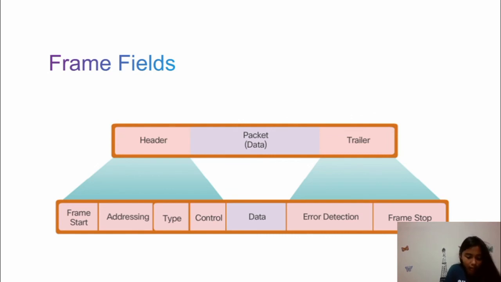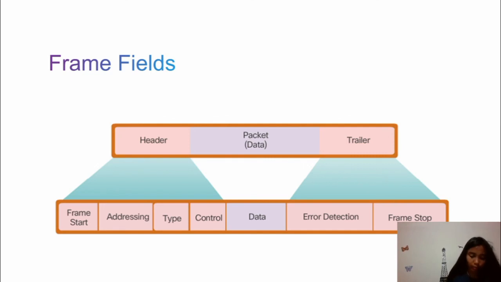The addressing indicates the source and the destination node in the media. The type identifies the layer 3 protocol in the data field. The control identifies special flow services such as quality of service, and QoS is used to give forwarding priority to certain types of messages.